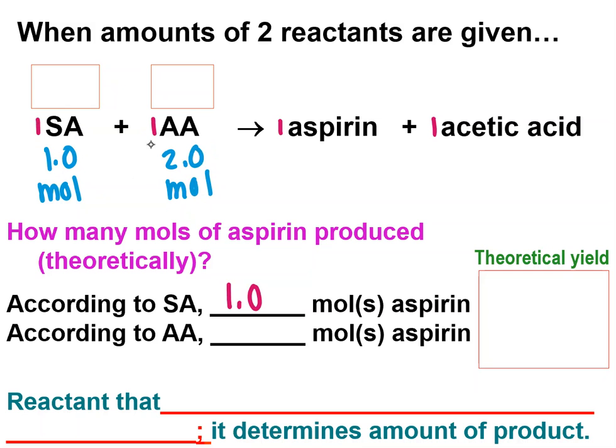There are 2 moles of AA, and if all of that reacted, I would get 2 moles of aspirin. Then I compare those 2 numbers, and the lower one is the theoretical yield. So I always cross out the one that over predicted how much product, and the theoretical yield is the 1 mole, the lower amount predicted.